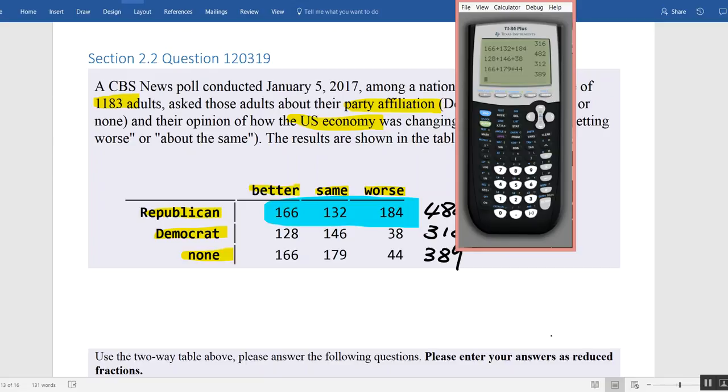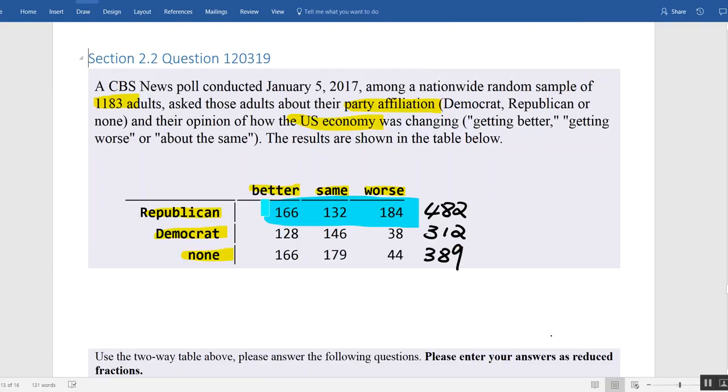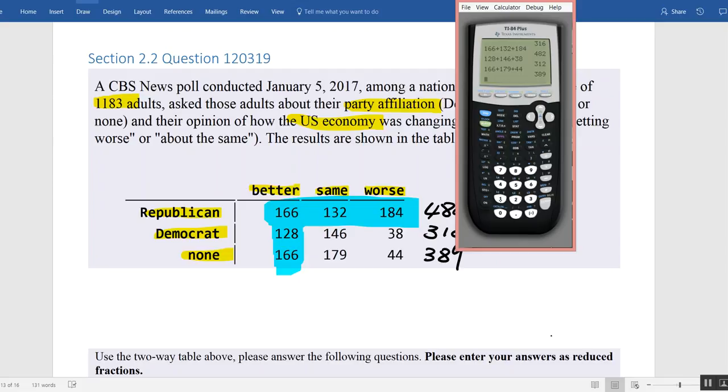Now, if we want to know, regardless of the party affiliation, how many people think the economy is getting better, what we need to do is to sum the columns. So I have 166 plus 128 plus 166.